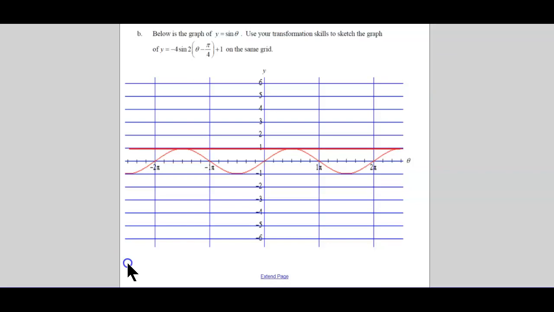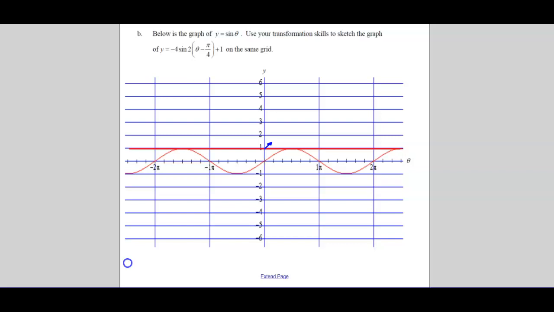If all we did was stretches and a vertical translation, not a horizontal, and no reflections, we'd be going up and to the right from the midline and the y-axis.